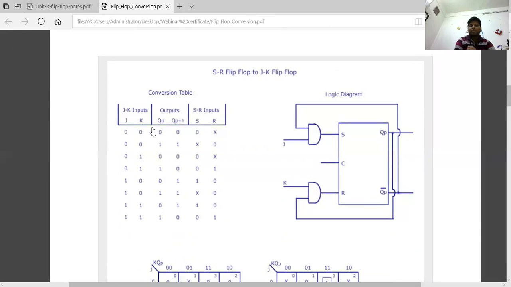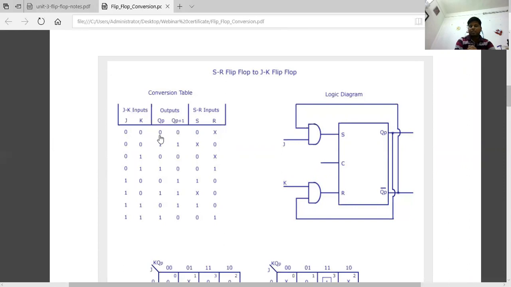We have to convert the SR flip-flop to a JK flip-flop. So we start with the JK input section. What is the output when the JK value is 0, 0? The output is QP plus 1. So we start with JK 0, 0.